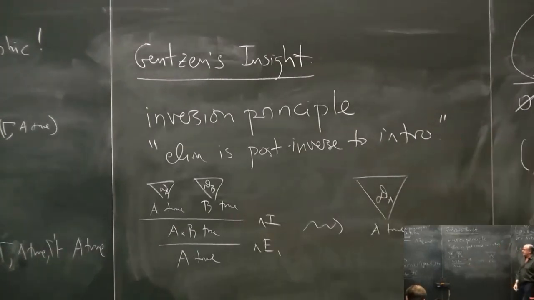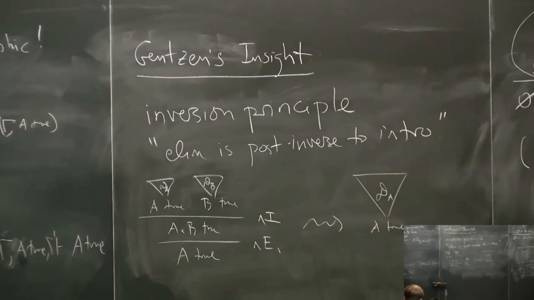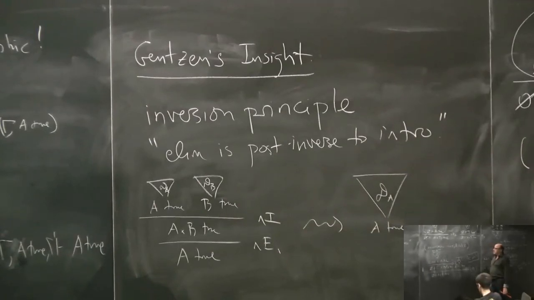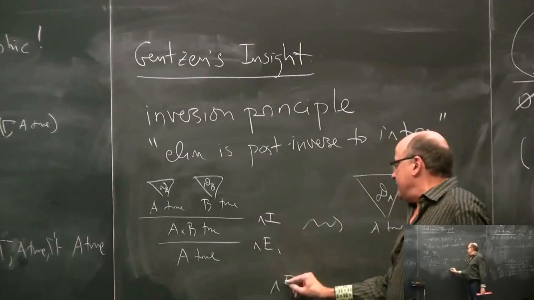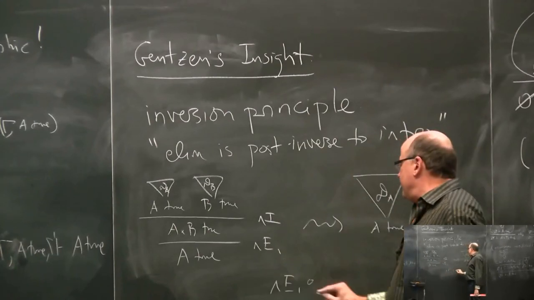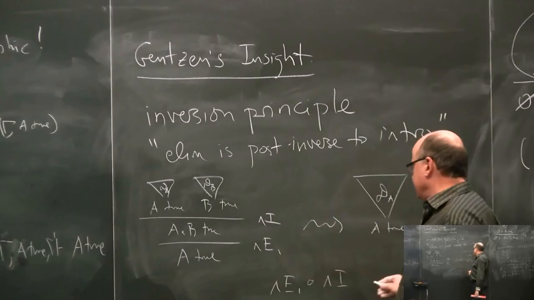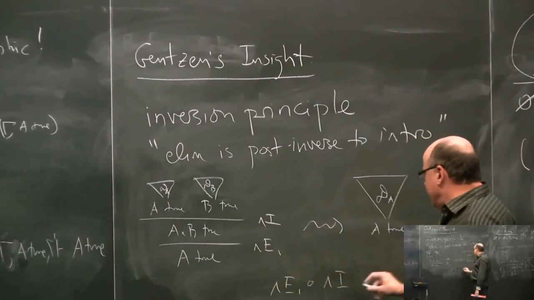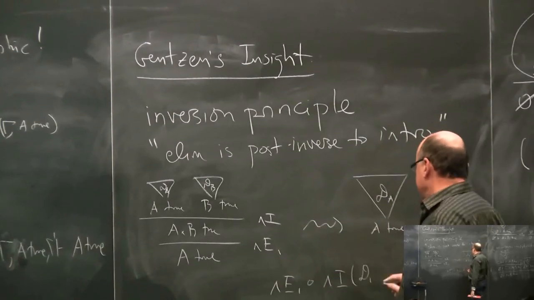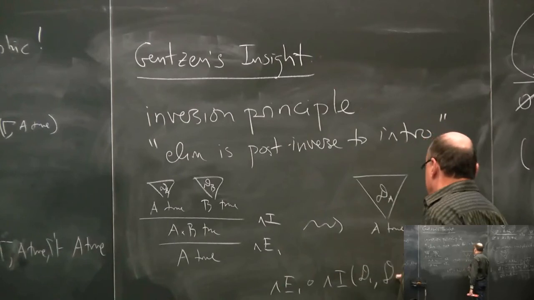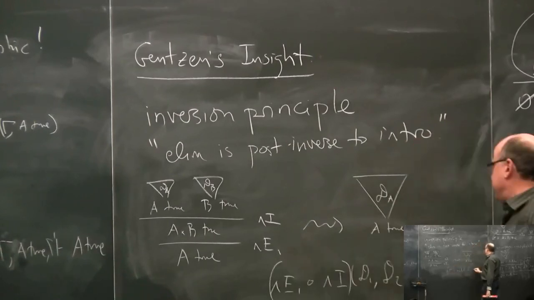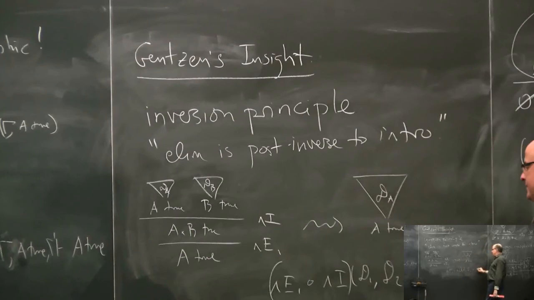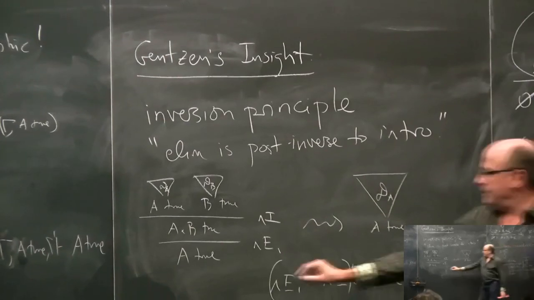Because all you cared about was A after all. So what we're saying here is and-elim left composed with and-introduction of something like D1 and D2 should be equal to, in some sense, D1. And now I'm going to make that idea precise. But this is the informal idea.